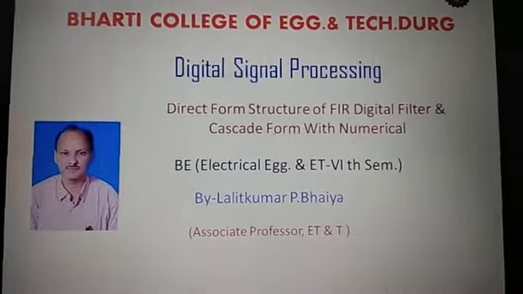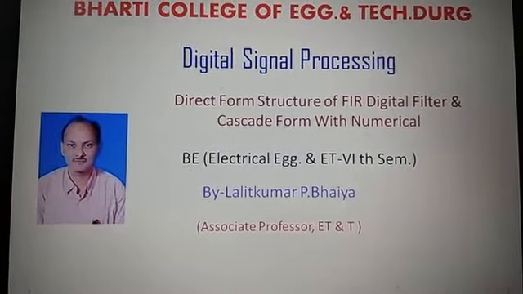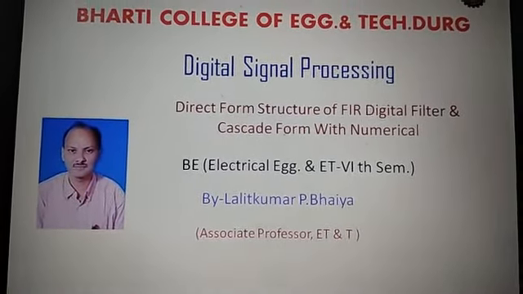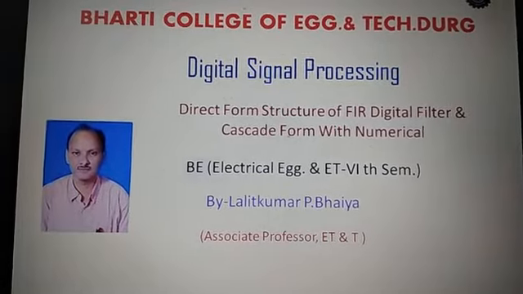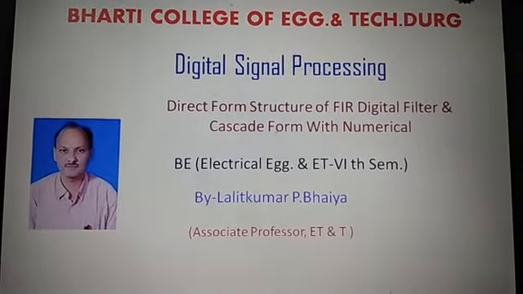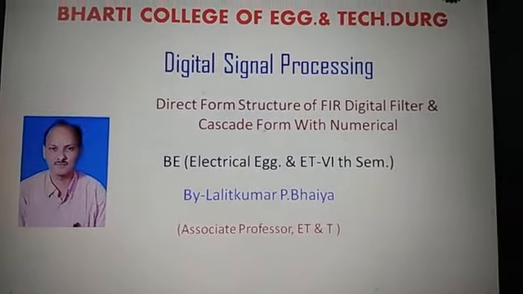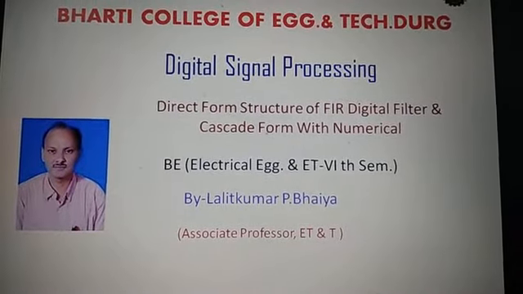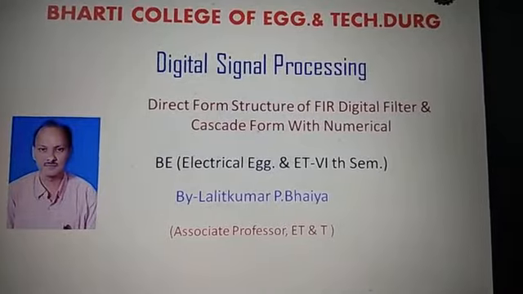As you are already aware, FIR filters are all zero filters. There is no denominator term, only numerator terms are there. Hence there is no question of having the direct form 1 or direct form 2 structure.